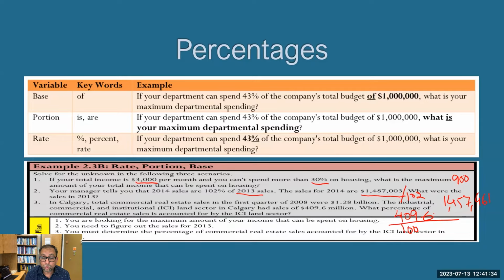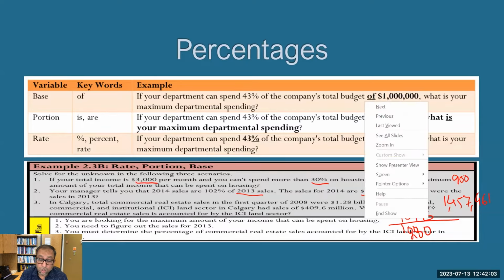We want to convert it into millions, so we multiply 1.28 by 1000 to get 1280 million.